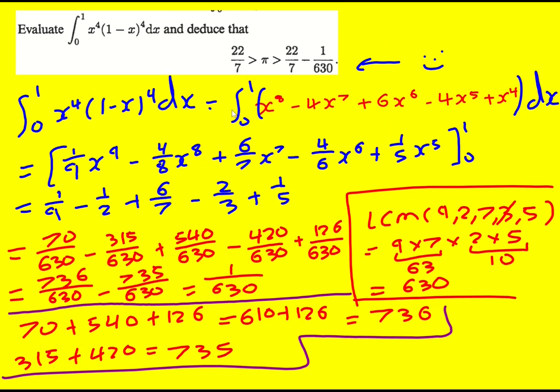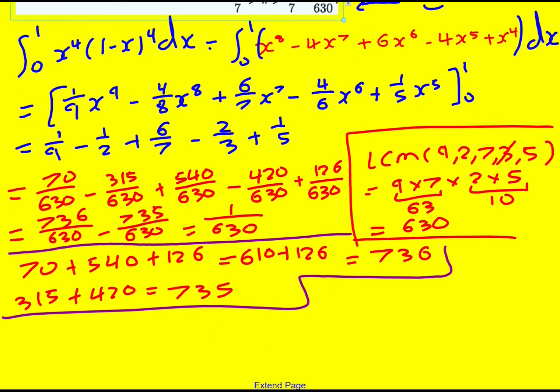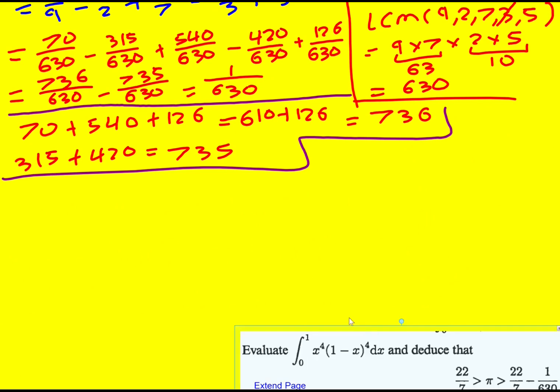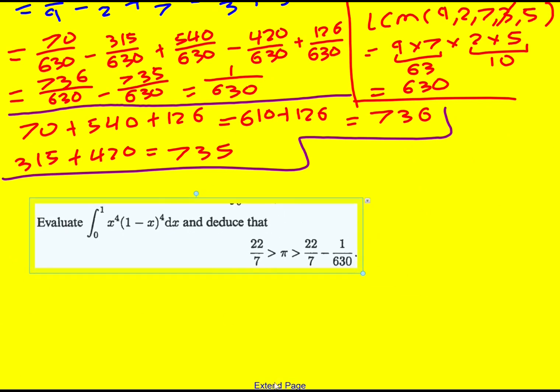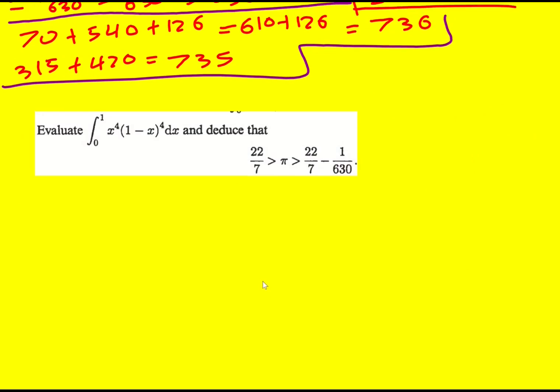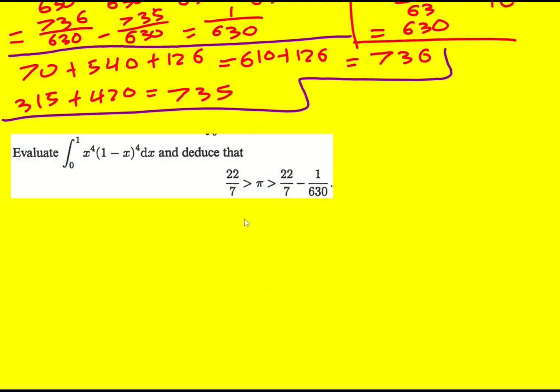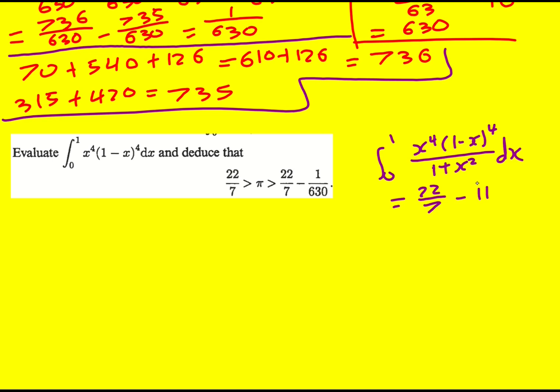Question is, how does that actually help us? Well, we need to try and link it back to the other integral. Remember, we showed previously that this here was equal to 22 over 7 minus pi.